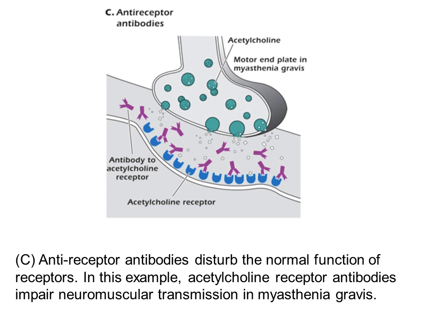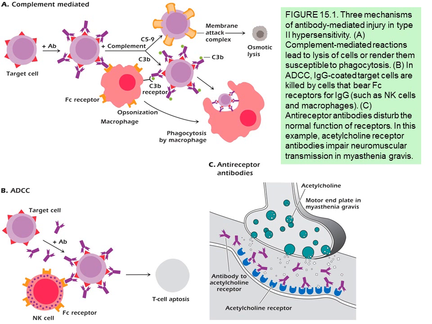If that is going to go after your own cells, may it be red blood cells, maybe tissues, may it be, in this case, your receptors, then we are in trouble. Okay? And this is like a summary slide for all three mechanisms: complement-mediated, antibody-dependent cell-mediated cytotoxicity, and anti-receptor antibodies. They all will lead to a reaction which is called type 2 hypersensitivity reactions.